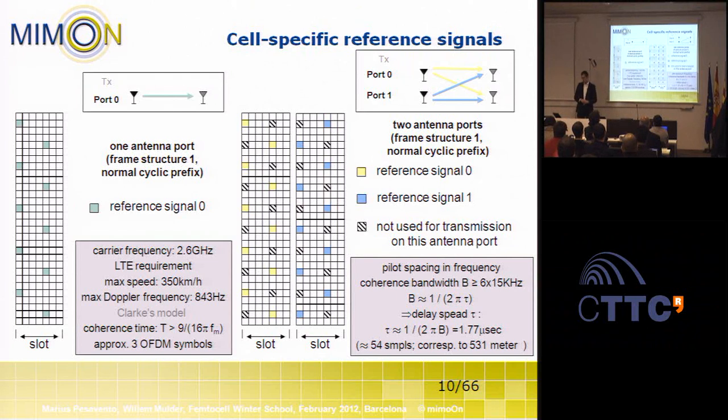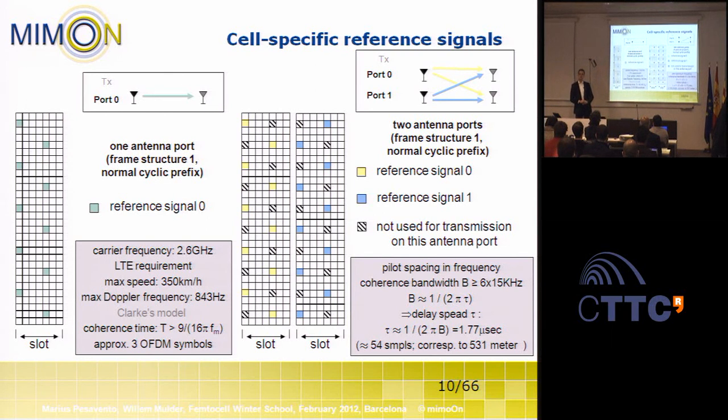For example, if we look at a 2.6 gigahertz system, and we consider that we are moving in a train at the speed of 350 kilometers per hour, then we experience a Doppler shift of 340 hertz.